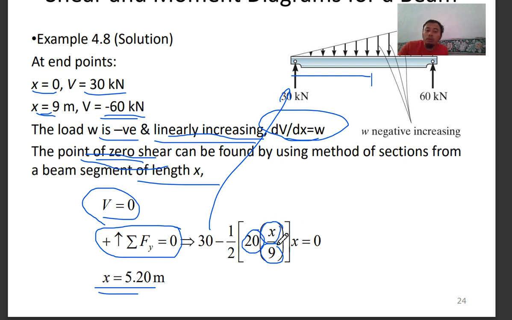So it is a proportion: 20 over 9 times x, distance x. And then you also need to times x because of the triangular loading, so that you get your peak load at distance x. You don't know the peak load here, so you need to do the triangle proportion.